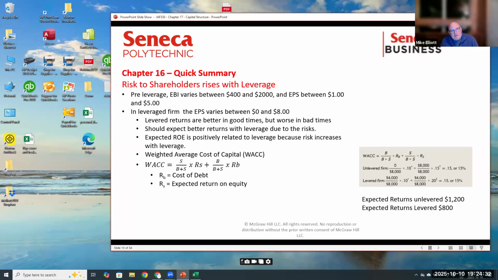So the weighted average cost of capital says whatever the cost is of our stocks adjusted by a risk factor, plus whatever the cost is of our debt adjusted by a different risk factor, combines together to make our weighted average cost of capital.